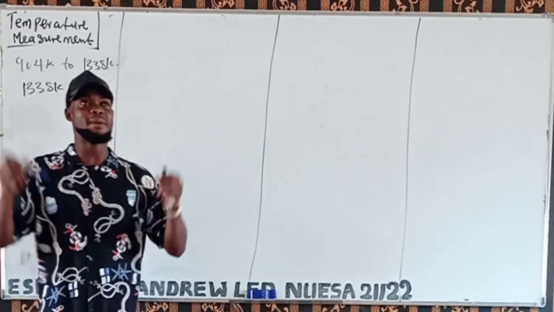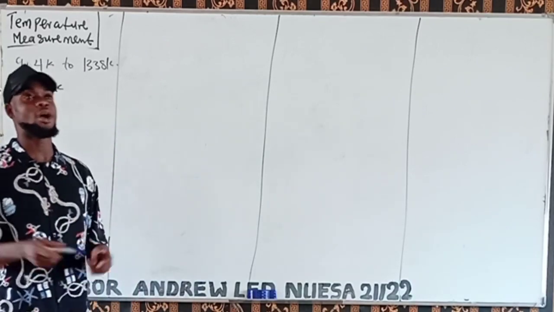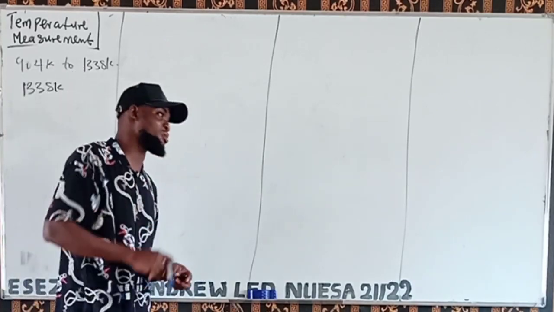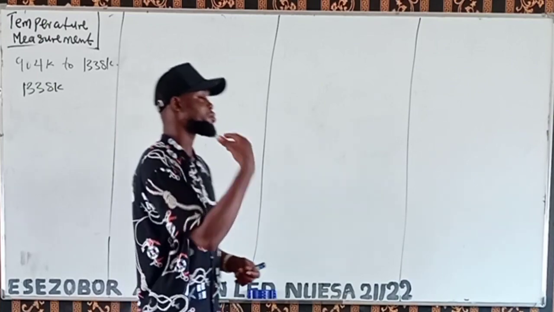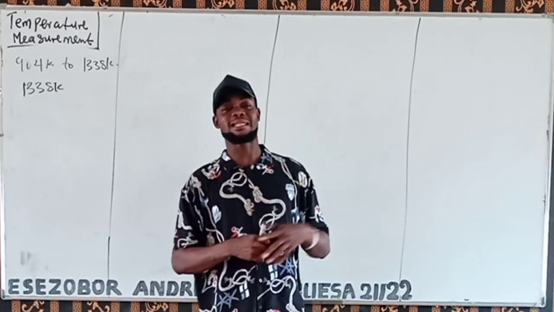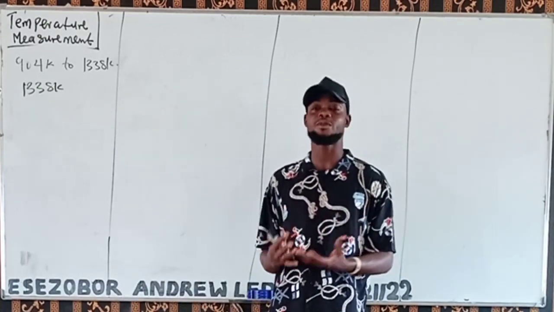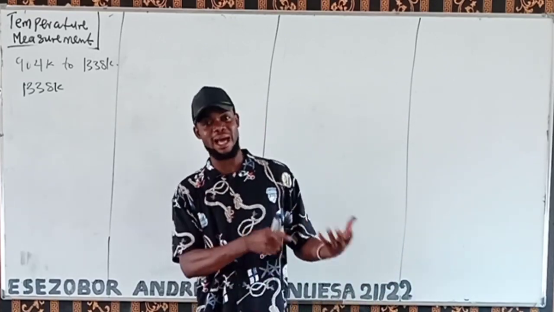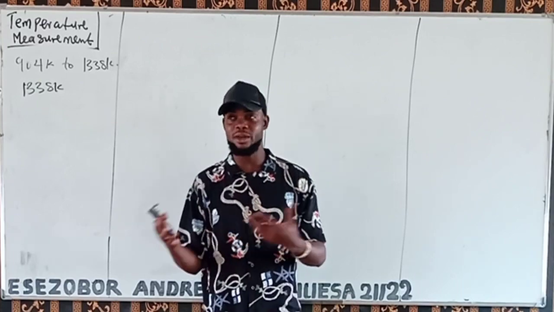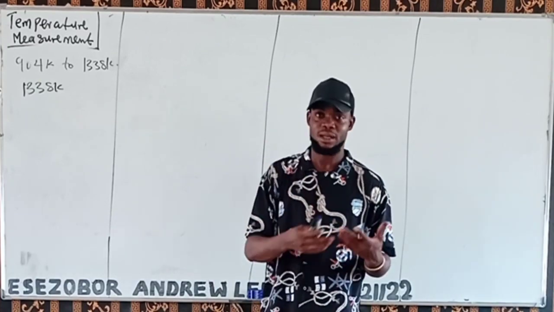Don't forget that. The two major types we'll be looking at now are alcohol in glass, where you put alcohol inside the glass tube, and mercury in glass, where you put mercury inside the glass tube.